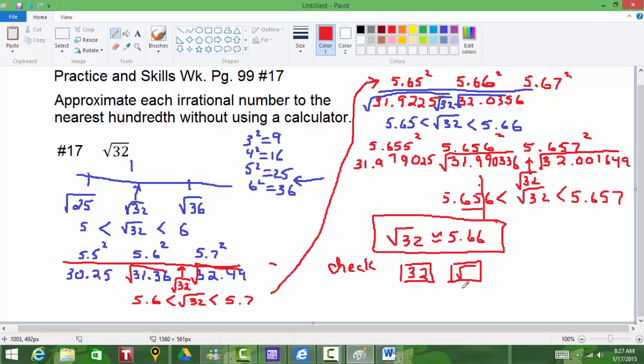But again, I'm doing this as a check down here. Remember that they didn't want you to use the calculator directly, so that would be using it directly. All this other work that you saw in the problem was using the approximation method. Hopefully that helps you. I know it was a long problem, but hopefully that helps you.